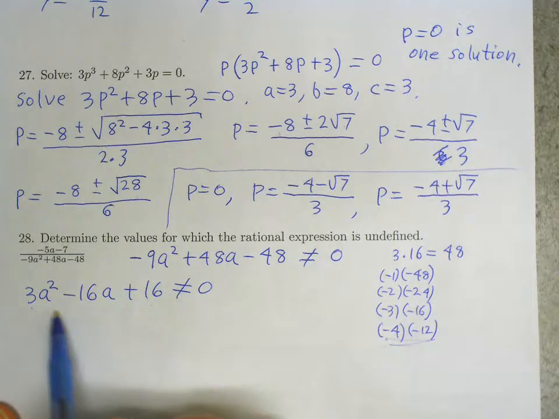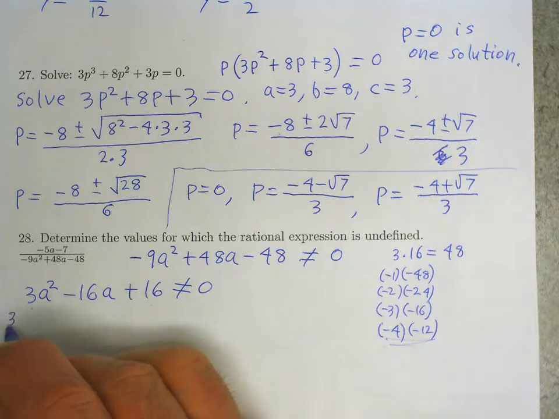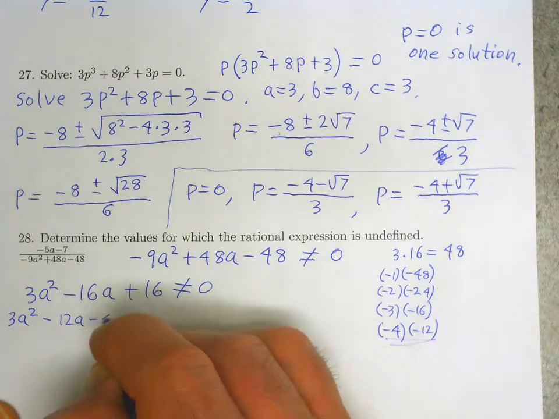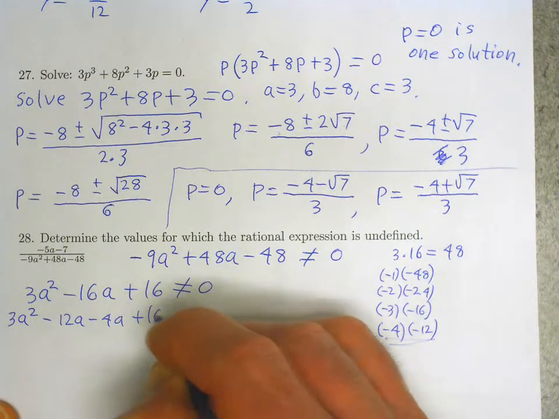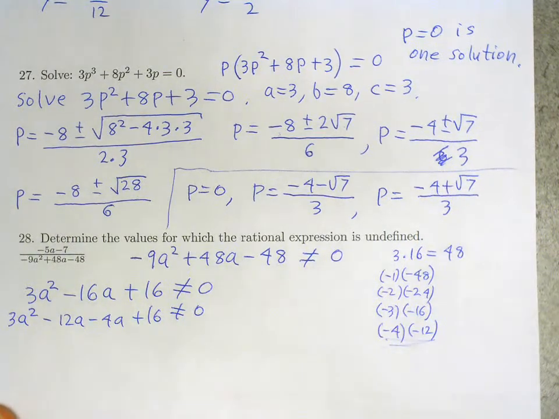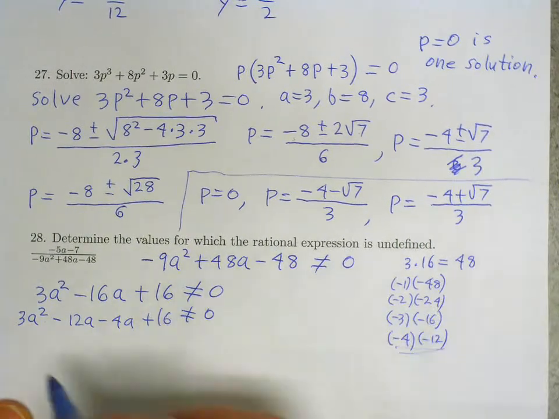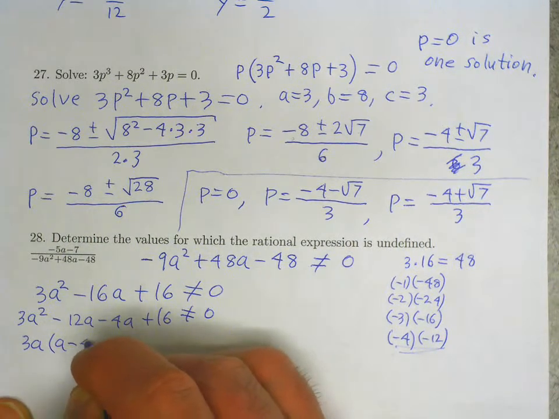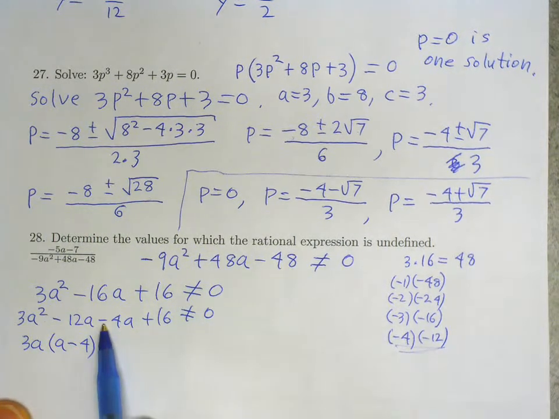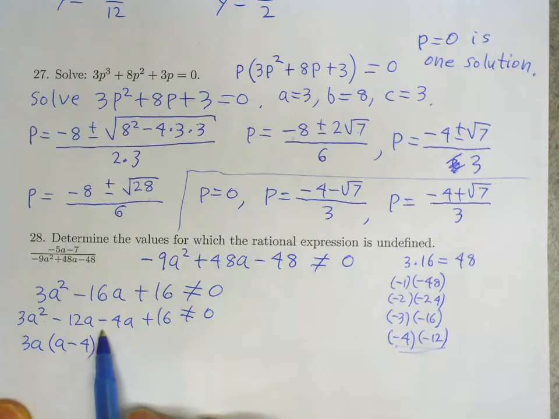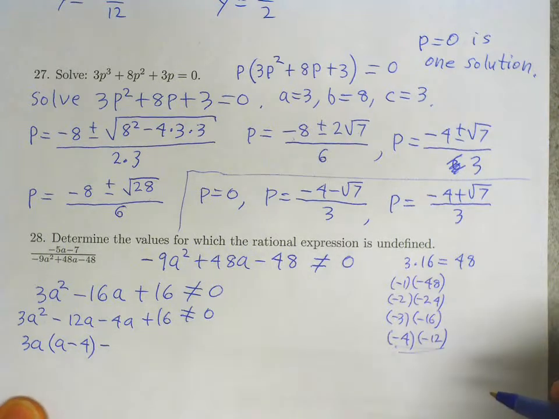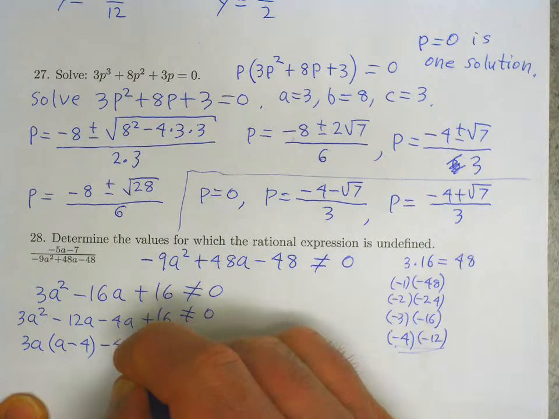So we transform the trinomial into a quadrinomial, 3a to the second minus 12a minus 4a plus 16 does not equal 0. Then factor by grouping. Out of the first two terms, we can factor 3a out, and the other one is a minus 4. Bring down the minus sign, and then out of negative 4a plus 16, we can factor out negative 4.